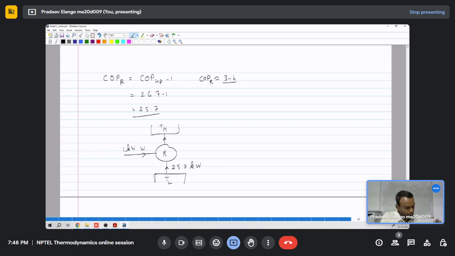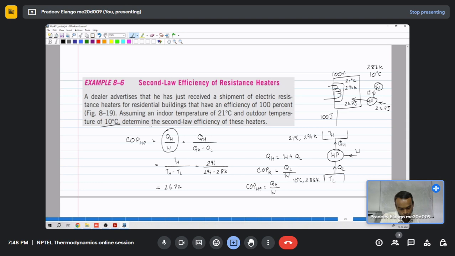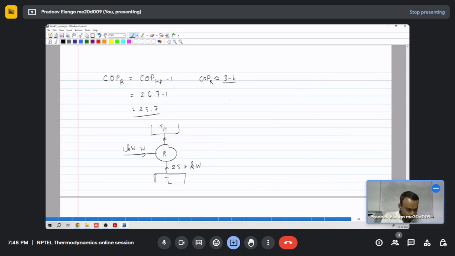And now we have been asked to find the second law efficiency of these heaters. So that means second law efficiency is actual efficiency by reversible efficiency, or here it can be COP actual by COP reversible.